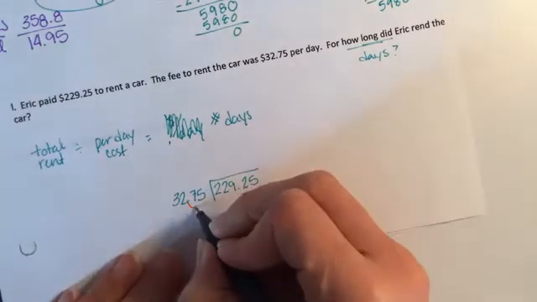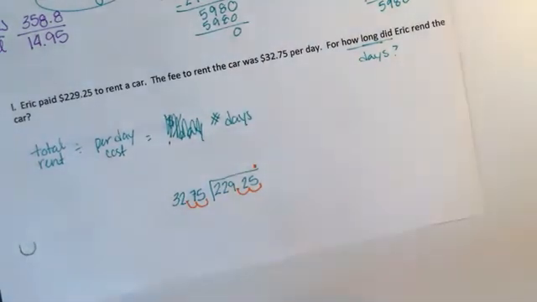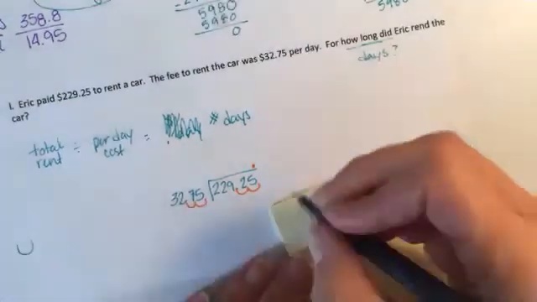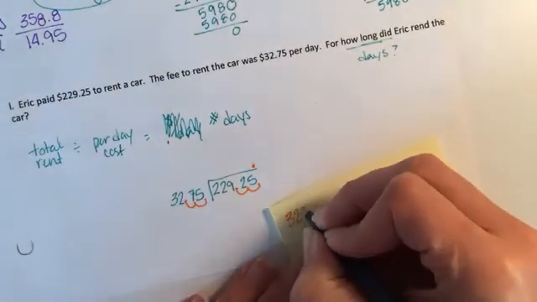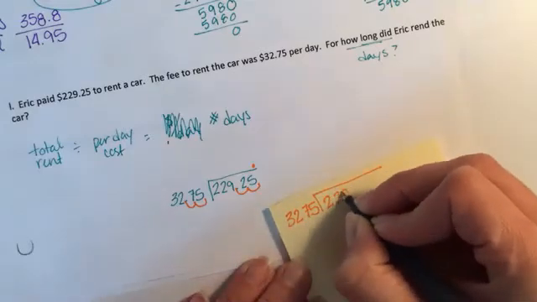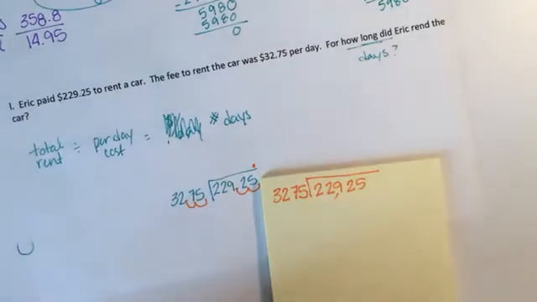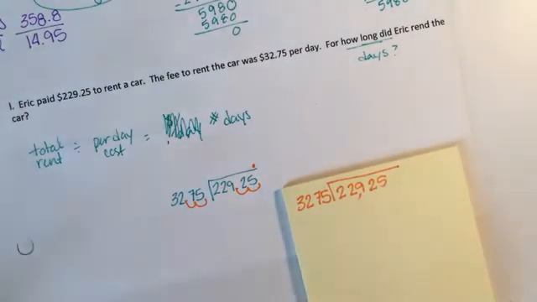But as long as you are a good estimator, it's not so bad. So now just to re-visualize this problem, 3275, and our number is 22925. So you're actually working with 22,925. So let's take up some spots.